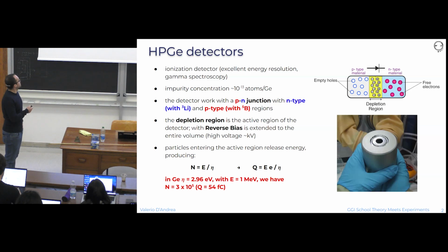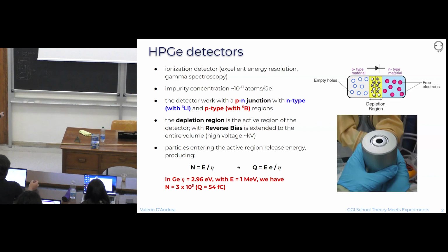You know how a germanium detector works. Basically, the detectors are based on a PN junction. So you have one part that is doped as P-type and another doped as N-type. And basically, we are able to have an active region that is more or less of the same size as the germanium itself by reverse biasing this PN junction.